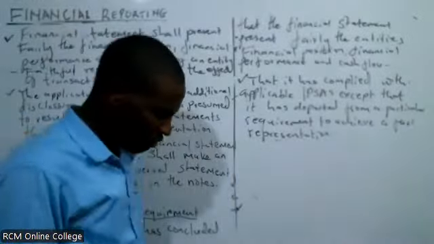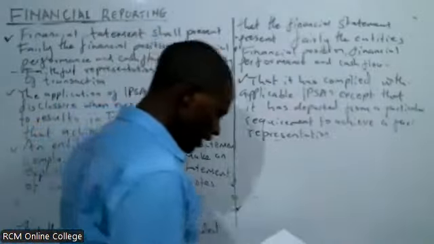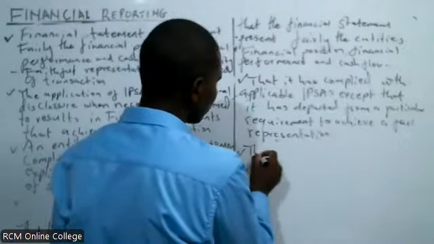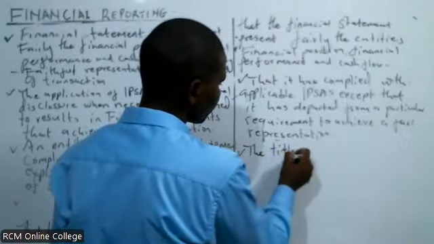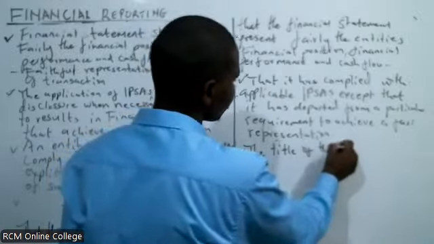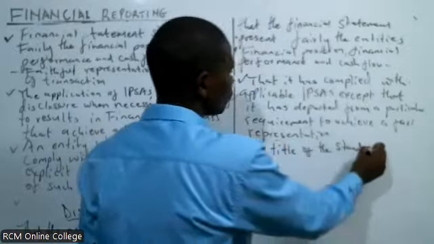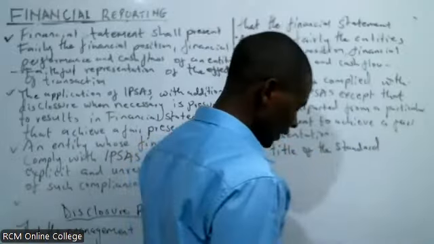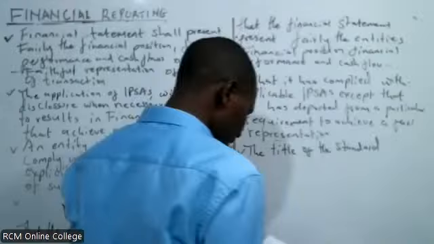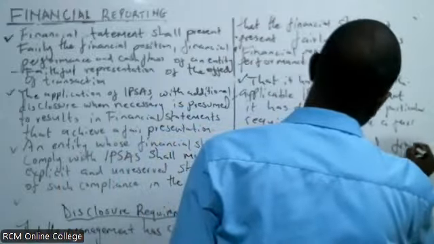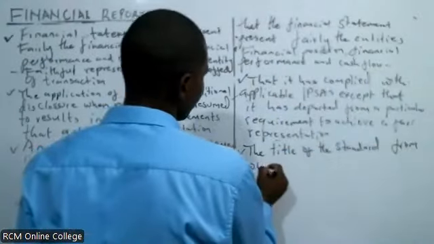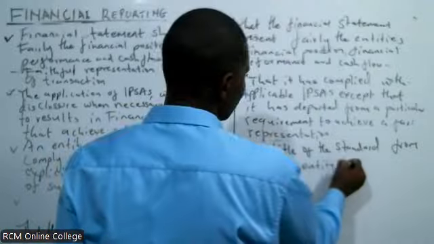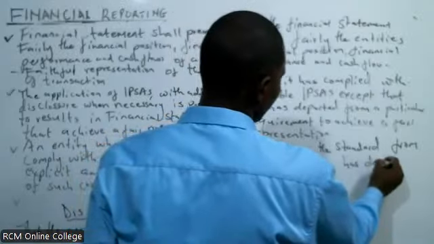The next one, the title of the standard from which the entity has departed. So you have to give the title of the standard.